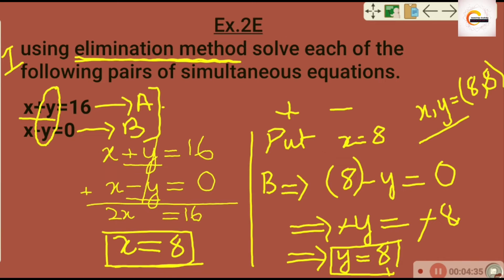Now what is this point? Yes, we were studying this earlier, and it was very hard to find this kind of point, which is the point of intersection between our two straight lines. See how easy it is to find the intersection point with this method rather than the graphical method.